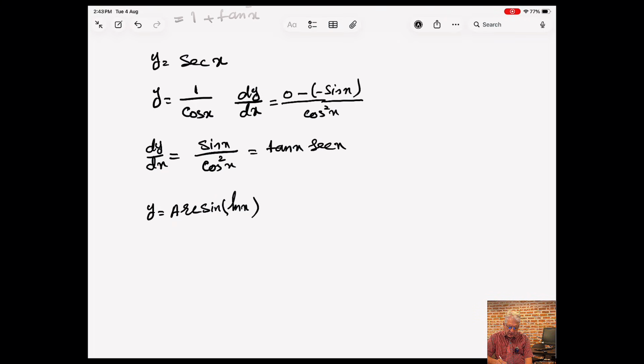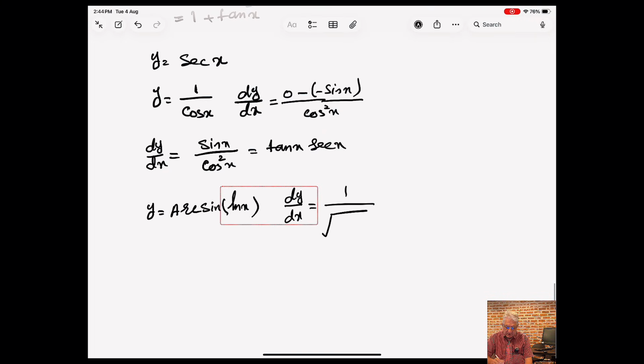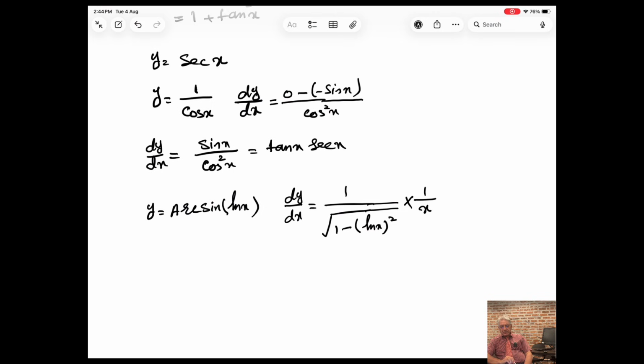Okay, dy by dx will be equal to, first of all, 1 divided by a square root of 1 minus u squared, which is ln of x squared, times, now derivative of ln of x is 1 over x. Therefore, this is the derivative of this function.